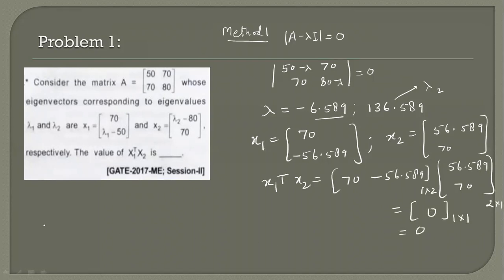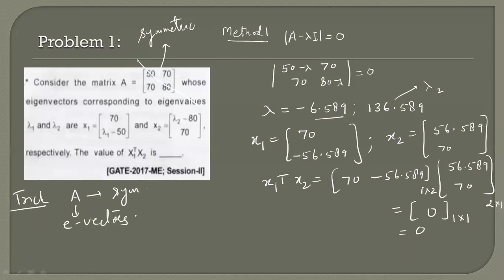This is a lengthy process, but if you remember some remarks I have discussed. What is the trick in this question? If you see, this is a symmetric matrix. Given matrix A is symmetric, and I told you the eigenvectors of a symmetric matrix are orthogonal. How to define orthogonality?